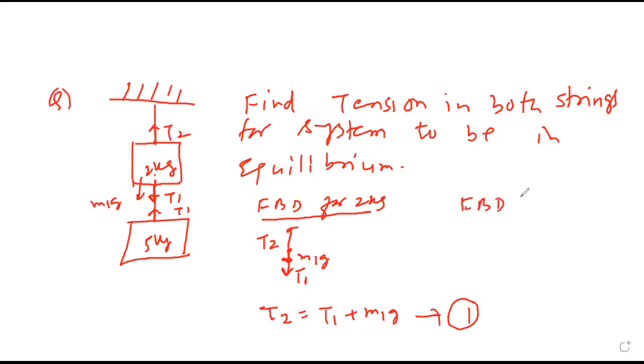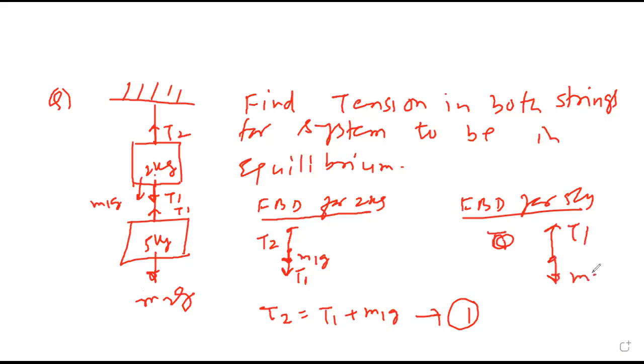Then the free body diagram for 5 kg: weight is acting downward, m2g, and T1 is upward. So T1 is nothing but m2g. We are interested in T1 and T2.